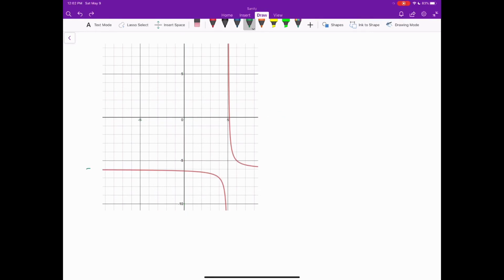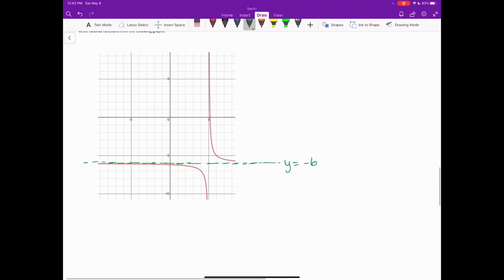Here, I can see it looks like I've got a horizontal asymptote at y equals, and what value is that? It's looking like y equals -6. Again, this thing has been shifted. And a vertical asymptote at x equals 5. So if I have to put that all into a function, I could say f of x equals, what is my denominator going to be?